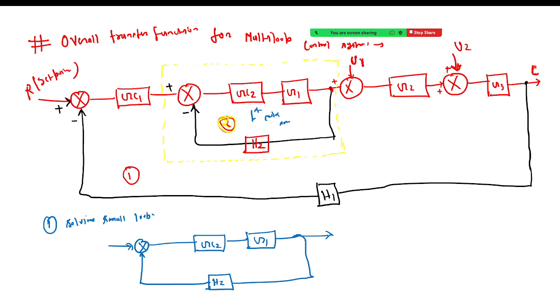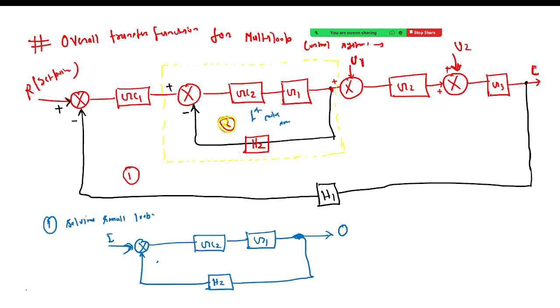Fine. So let's say this is what I want to understand. I will be replacing this small loop with a particular transfer function. As I told you, let's say the input is I, and this one is the output. I can replace this whole loop with output by input, and that will give the transfer function of this whole loop.